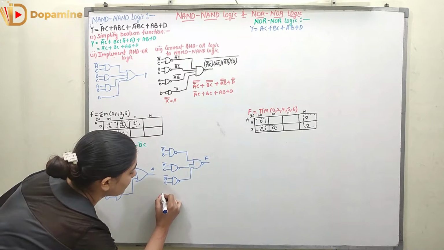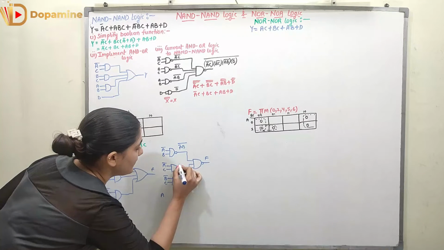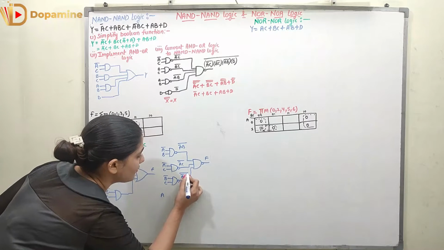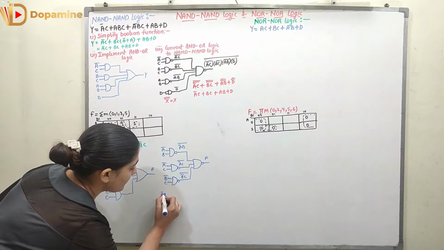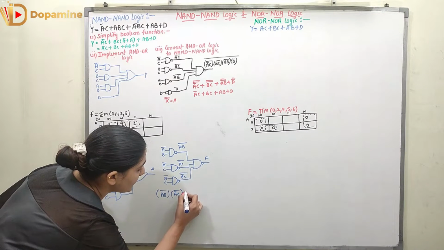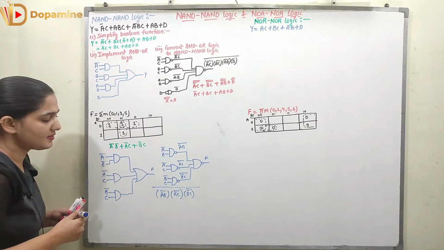You will get (A bar B) whole bar over here, (A bar C) whole bar over here, (B bar C) whole bar over here. So all of them are multiplied. (A bar B) whole bar is multiplied with (A bar C) whole bar, which is multiplied with (B bar C) whole bar, and all of them is complemented.